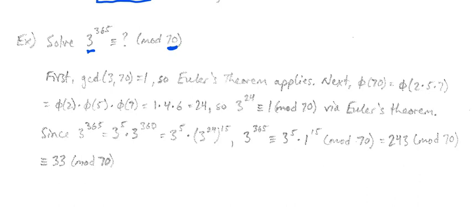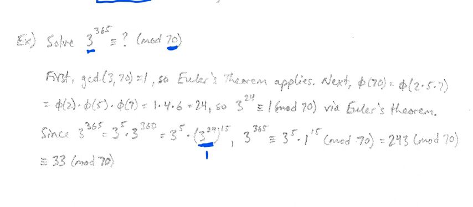So this right here is 3 to the 5th times 3 to the 24th raised to the 15th power. So when we take the congruence of this mod 70, I can replace that part with a nice simple 1.